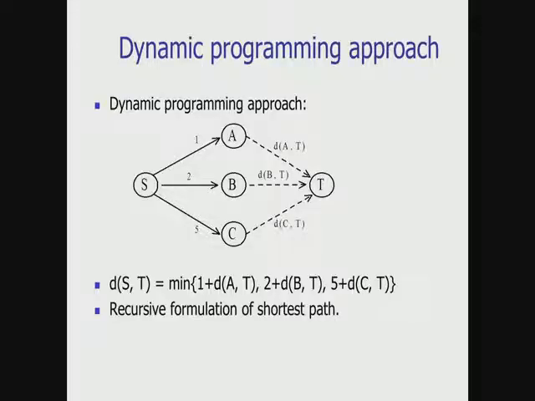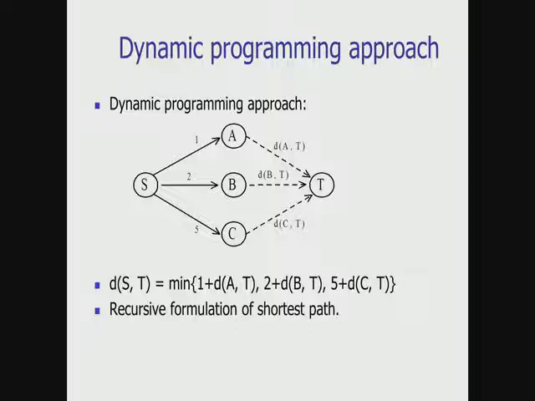Let us just look at the dynamic programming approach, and let us also make some observations about the shortest path. The length of the shortest path from S to T is obtained by calculating the shortest paths via the vertices A, B and C respectively, and then picking the shortest path among the 3. In this example, it's quite clear S has 3 neighbors only, which are called A, B and C respectively.